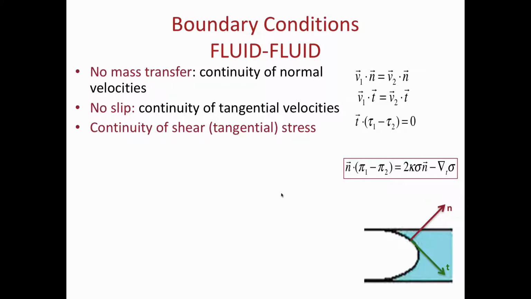So mu times tau is mu times, let's talk about dv x dy, right? I'm forgetting, it was x and z, I believe, but now I'm speaking from memory. So mu times the derivative of velocity in one fluid is equal to mu times the derivative of velocity in the other fluid at that boundary.